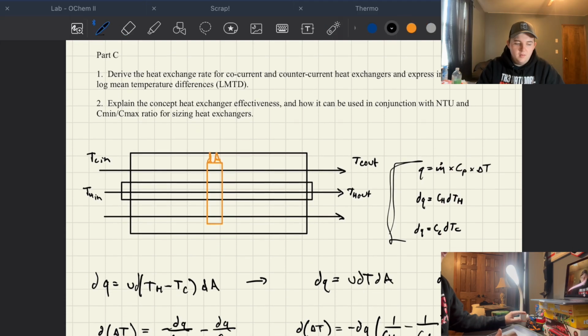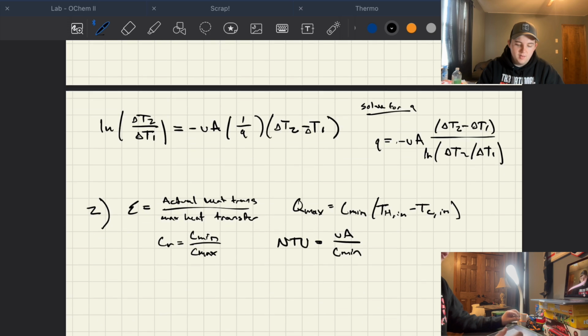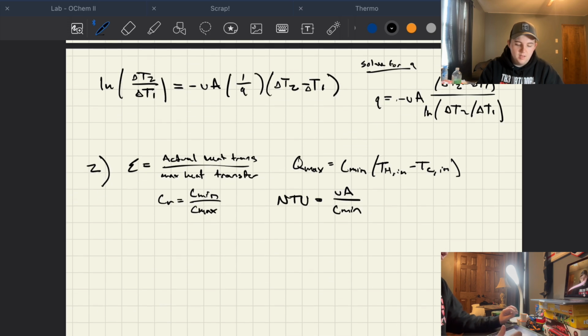So that is how heat exchanger effectiveness can be used in conjunction with NTU and our ratio, to find different values that may not be known or are unique for the specific heat transfer unit.